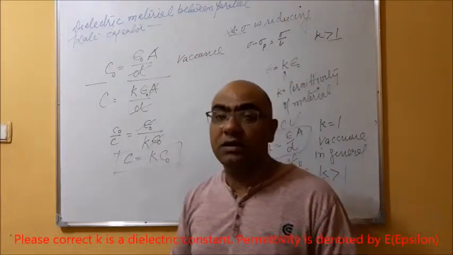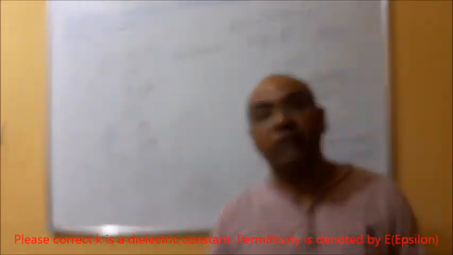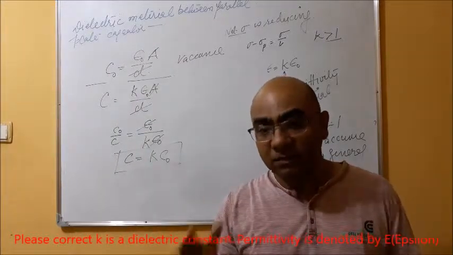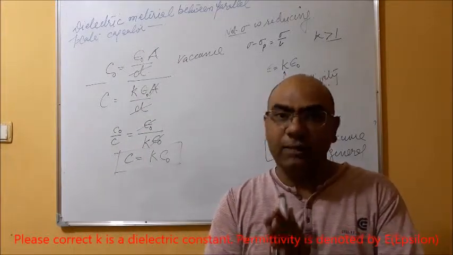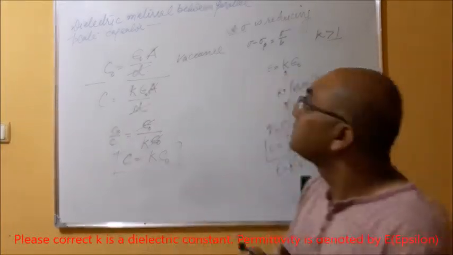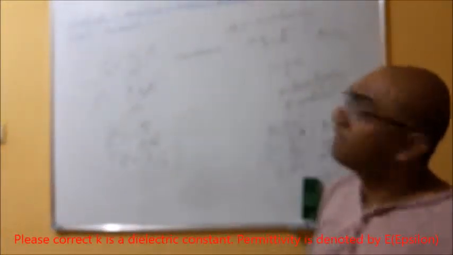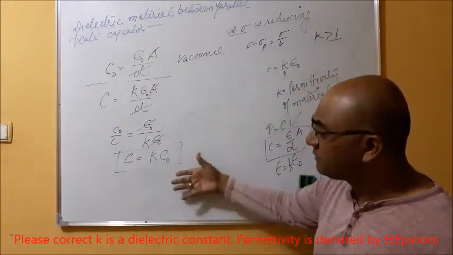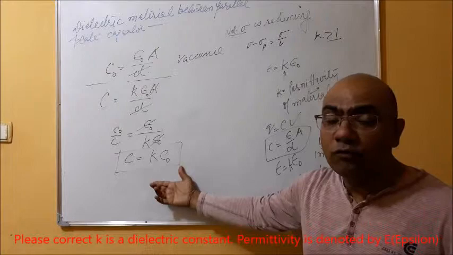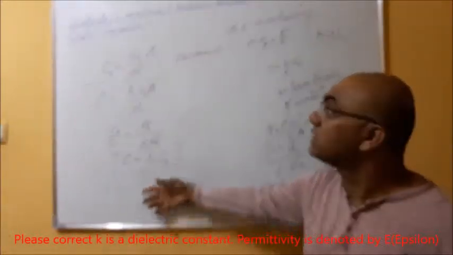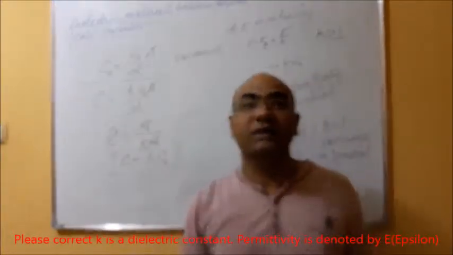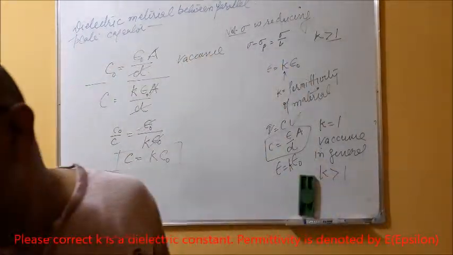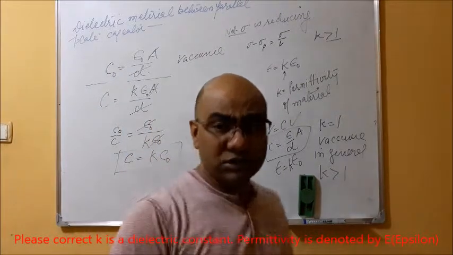So finally we can conclude, if we want to increase the value of capacitance, we insert a dielectric material between the plates of the capacitor. So I hope the concept of dielectric material between parallel plates is clear to you. This gives the explanation of how we can increase the value of capacitance by simply inserting the dielectric material between the plates of the capacitor.